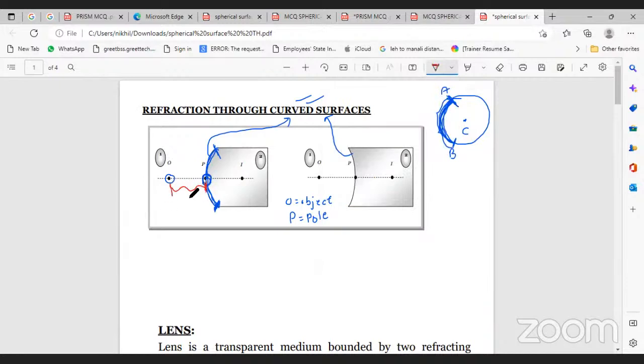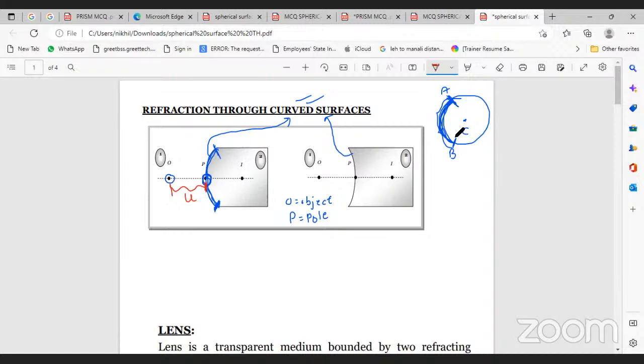So inside the surface also refraction will take place, sir? Like it takes place at this first surface?